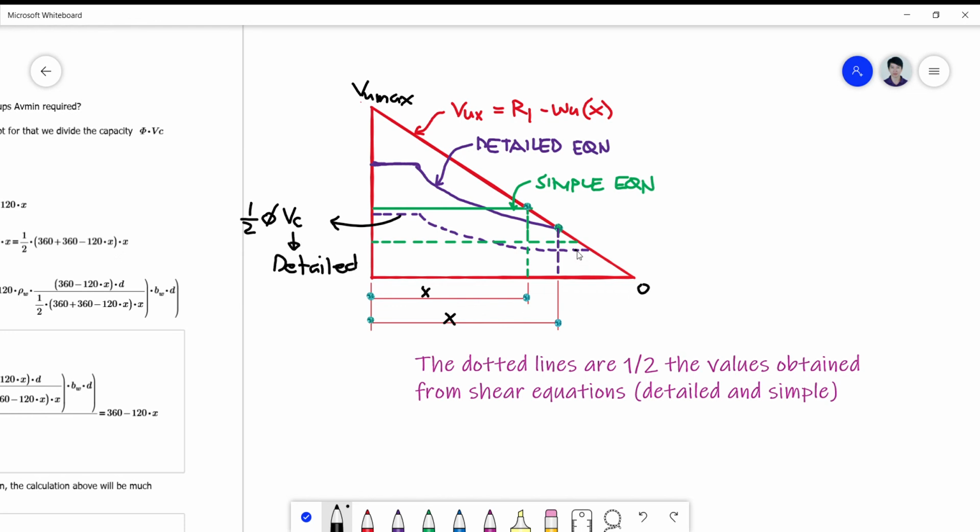Also, for this straight line, this green here, let's put it here. This, let's use another color. So this represents 1/2 of VC, where VC is the simple equation.